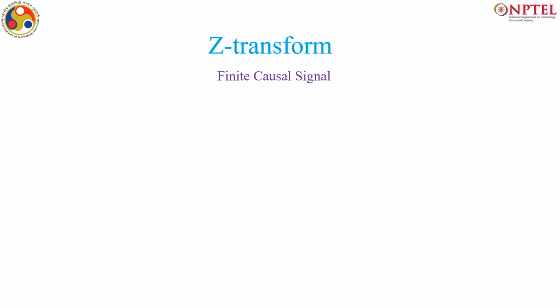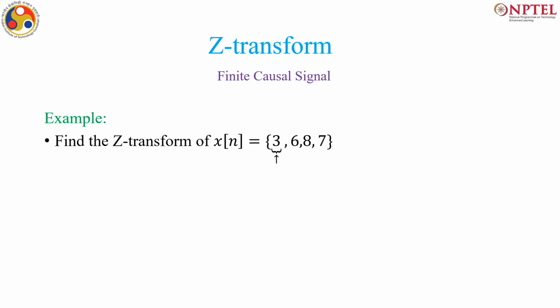Let us try to break this down and clearly understand why this is happening in such a manner. We will start with an example of a finite signal which is causal. This is our signal where this 3 is my 0 index, or I would say that x of 0 is 3, x of 1 is 6, x of 2 is 8 and so on.